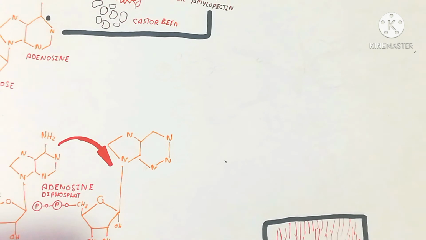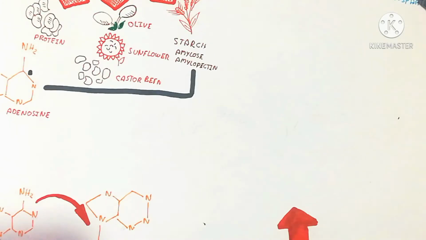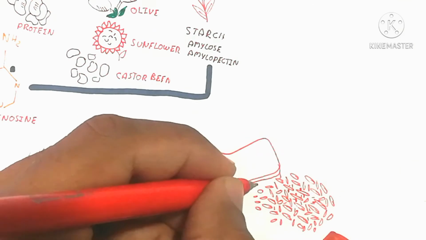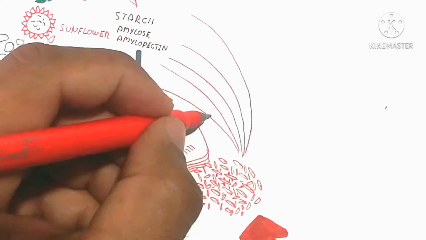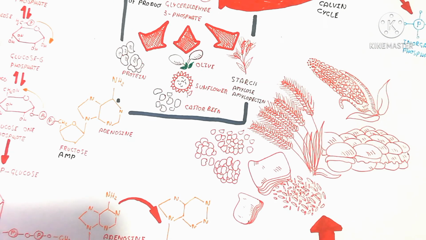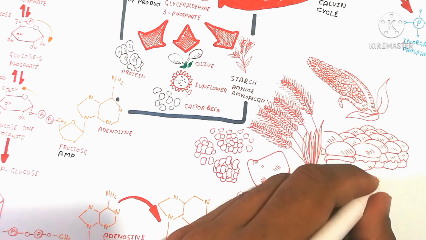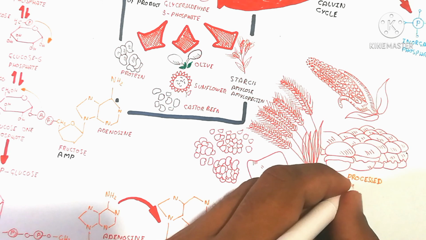this result, because here is the different type of product. Here is the rice and bread, wheat, burger, and here is the zea maize and triticum aestivum, and here is the beans.